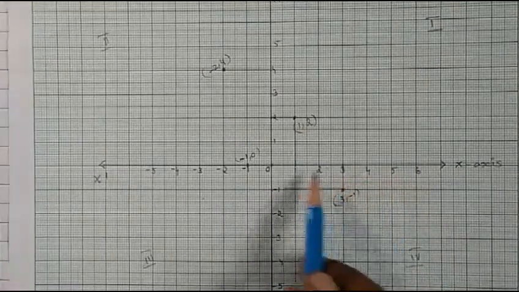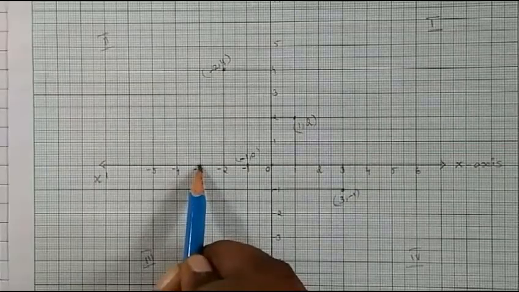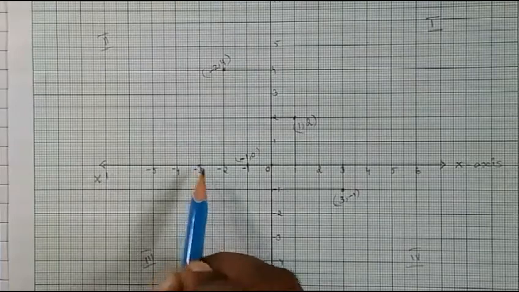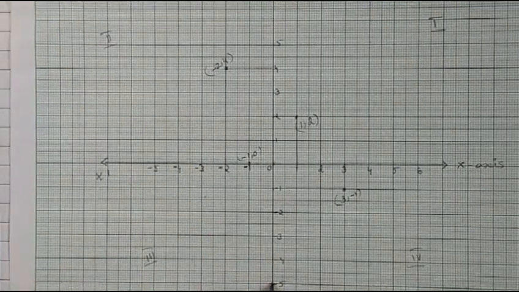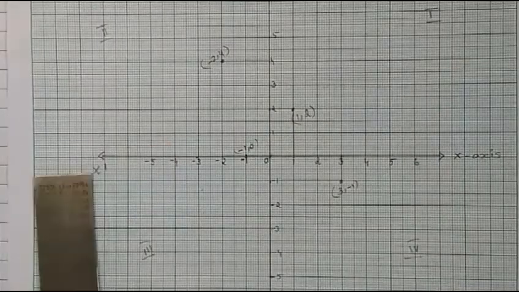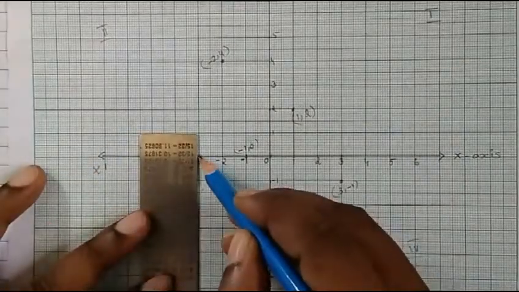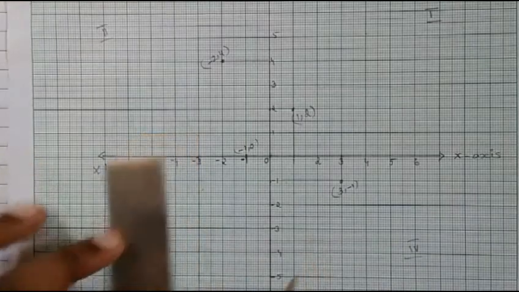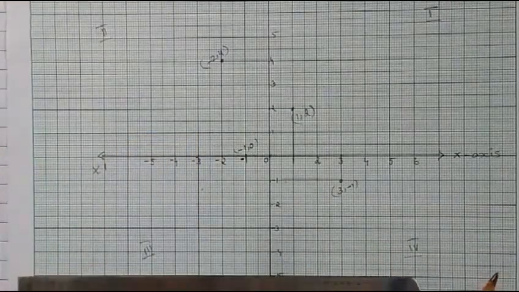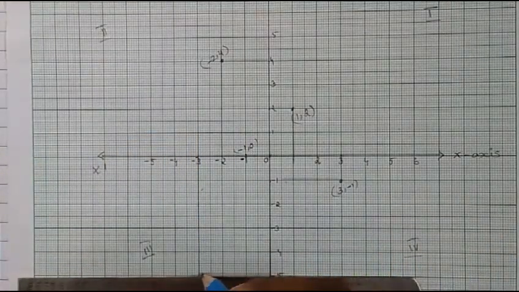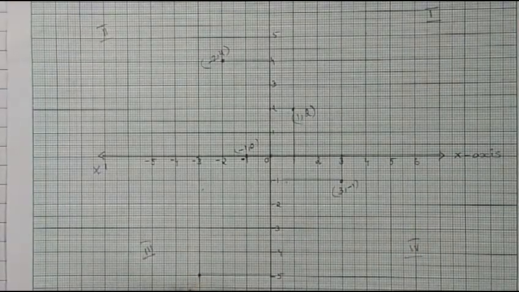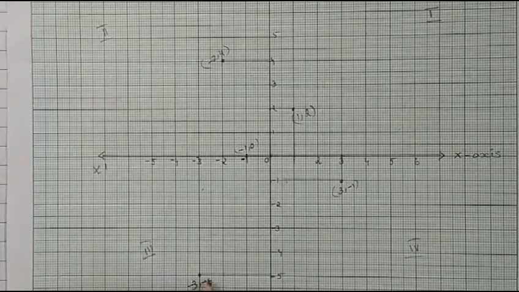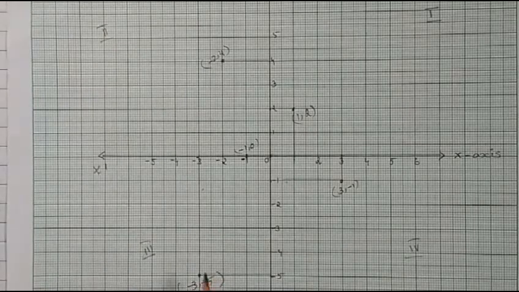And then minus 3 and minus 5. So minus 3 on x is here, and minus 5 on y, minus is down direction, is here. So let's draw the line. From minus 3 we draw the line, and minus 5 is here, and it is meeting at this point, minus 3 and minus 5.